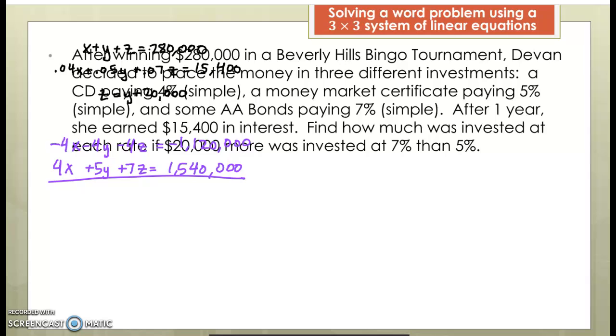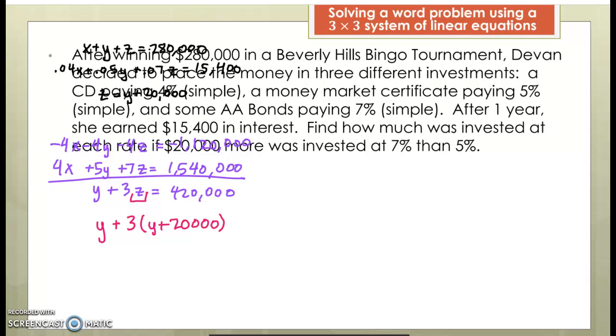Because now I can eliminate these x's and I'll end up getting y plus 3z equals 420,000. But what did I know about z? I knew that z was equal to y plus 20,000.